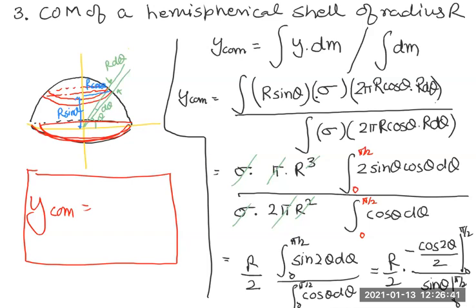हाँ सोनल, सही। -cos 2 थीटा बाई 2 में पाई बाई 2 जब पुट करेंगे तो हमको +½ मिलेगा, और 0 पुट करेंगे तो -½ मिलेगा। We will get ½ minus -½, that is ½ plus ½, that is 1. 1 in the numerator, और डिनोमिनेटर में sin पाई बाई 2 1 होता है.